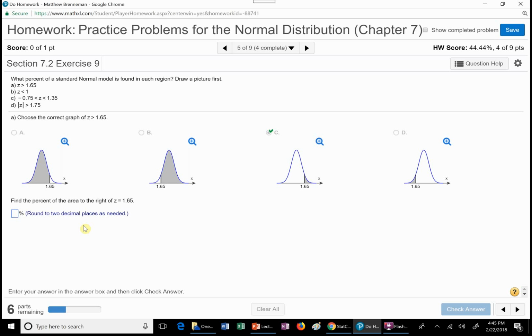Just put in mean of 0, standard deviation of 1, and then you input the value. Yeah, it's the outside. So you use it to find the inside and just subtract it from 100.